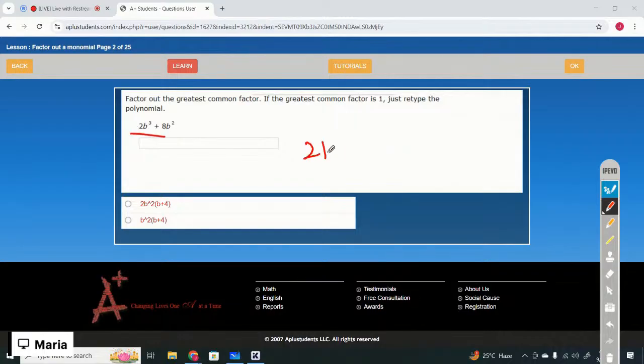Let's just take common 2b squared. We are left with b plus 4. 2b squared, b plus 4.